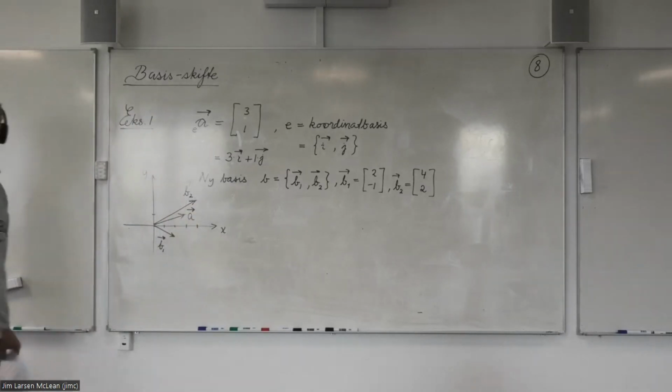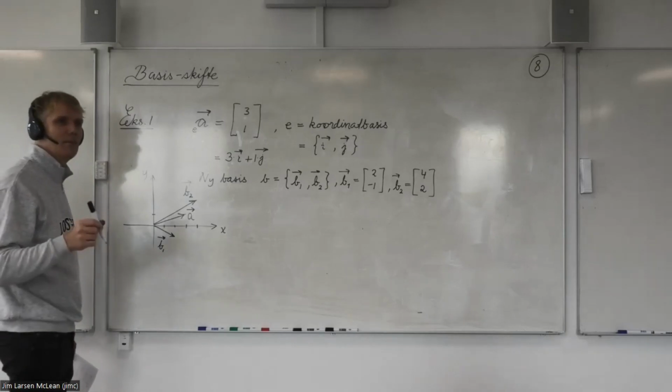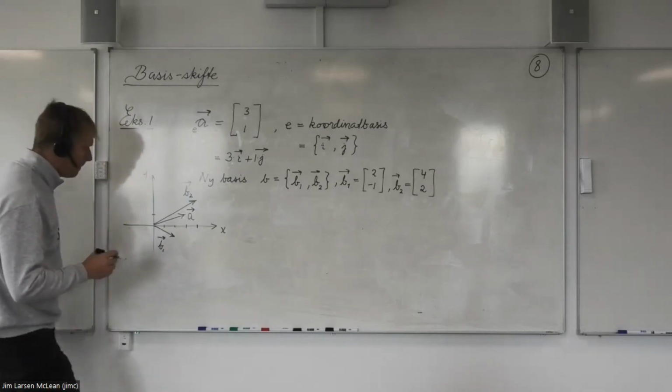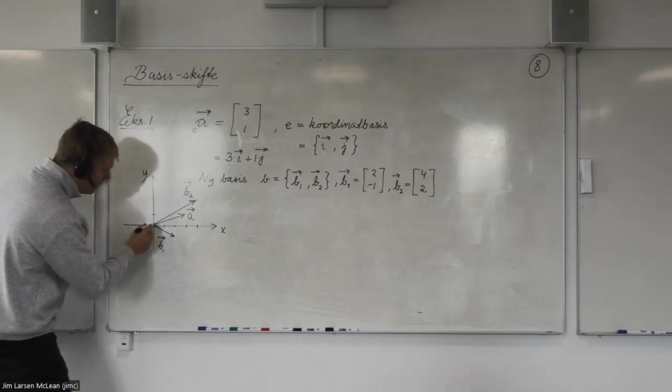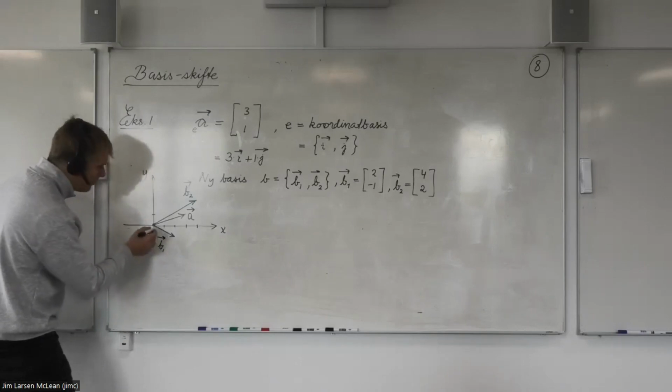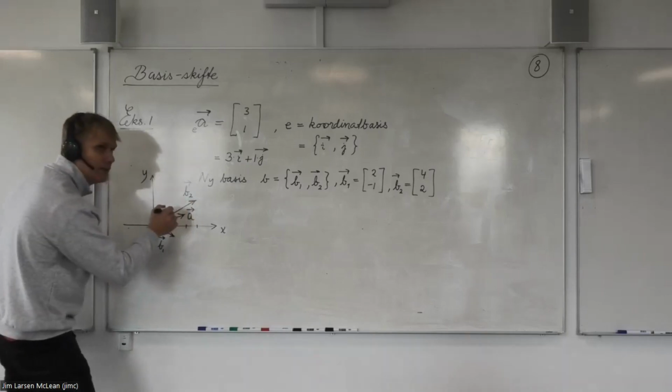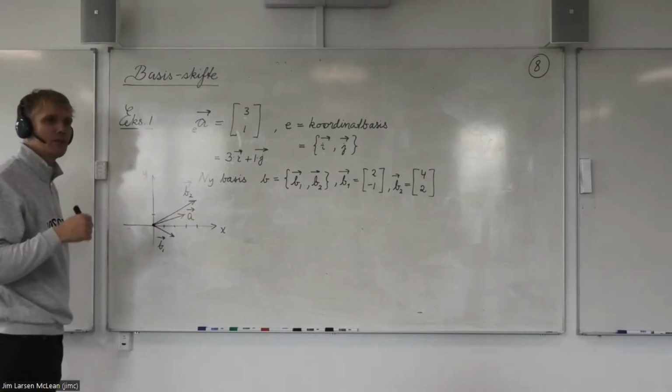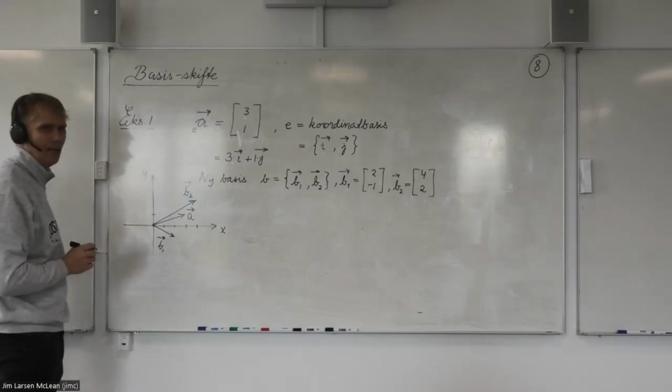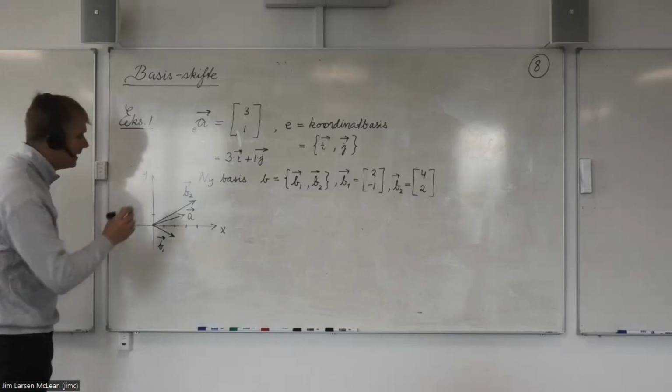Okay, so the question I'm now asking myself, and we need to be clear on this, is there a number I can use to scale the b1 vector with, and a number I can scale the b2 vector with, so that after I've done that, I can add them together and get vector A? Let me just draw that.